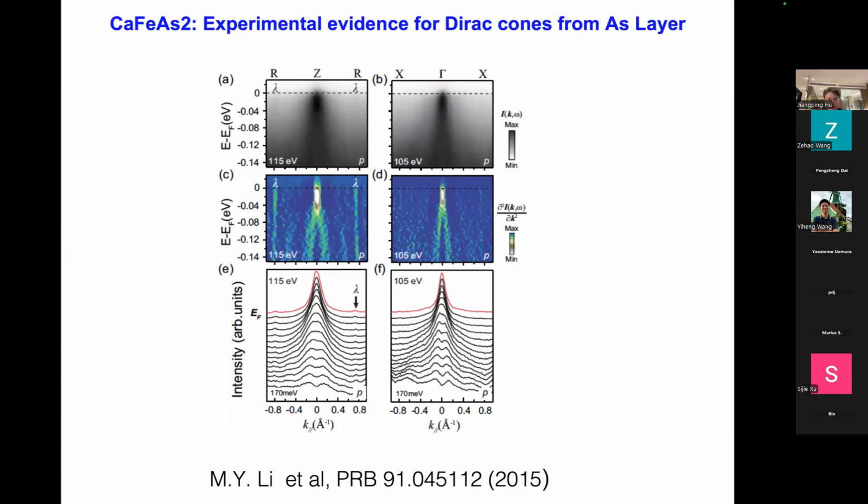These Dirac cones have been measured in ARPES experiments, mainly from Switzerland, ETH, I think.